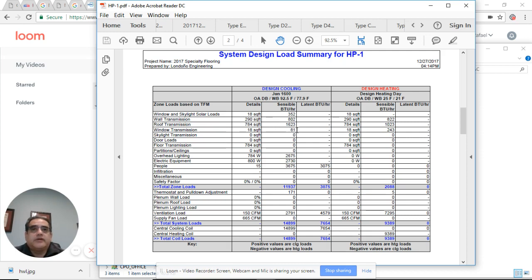And it's facing northeast, so a lot isn't happening in that window. There's no skylights, obviously, so the number's 0. I ignore the doors, so 0 there. Floor transmission, there really isn't, because even though we have 784 square feet, we're not gaining any heat from the floor.